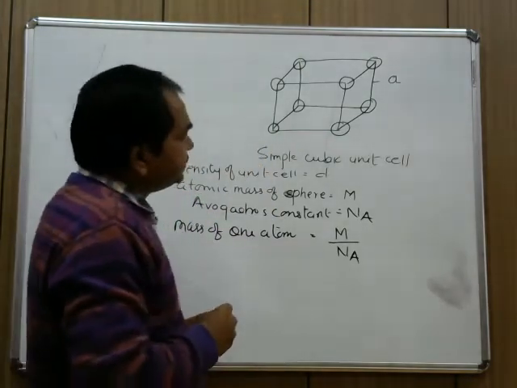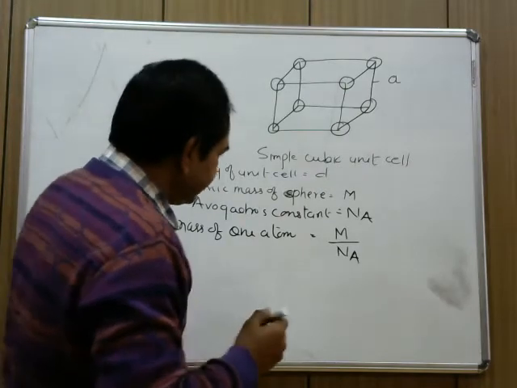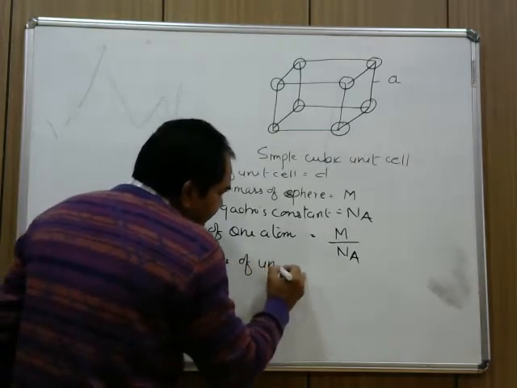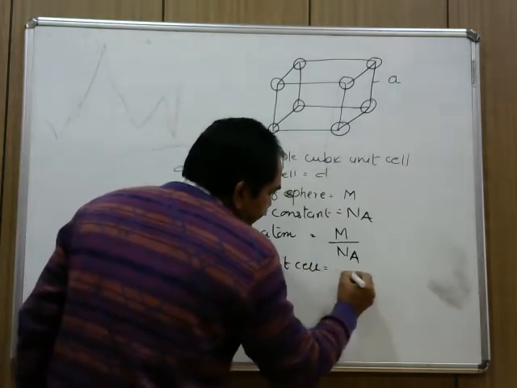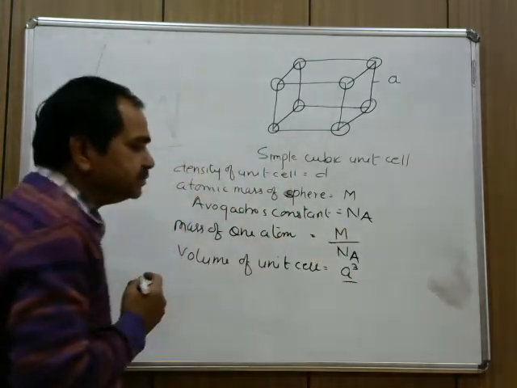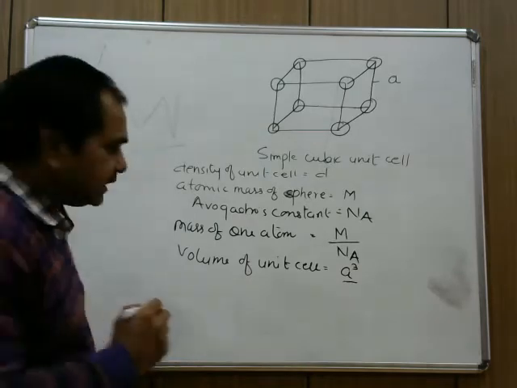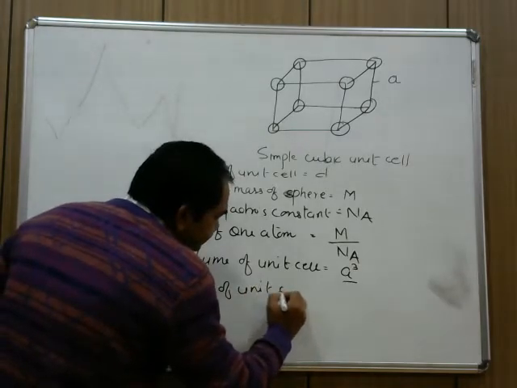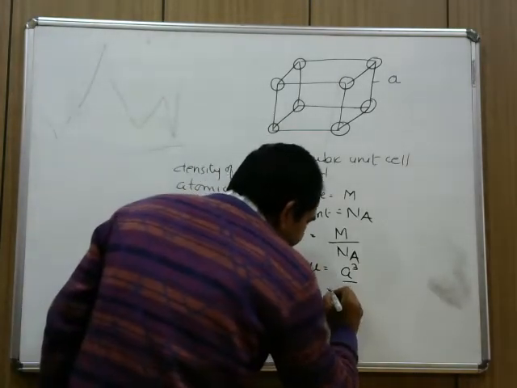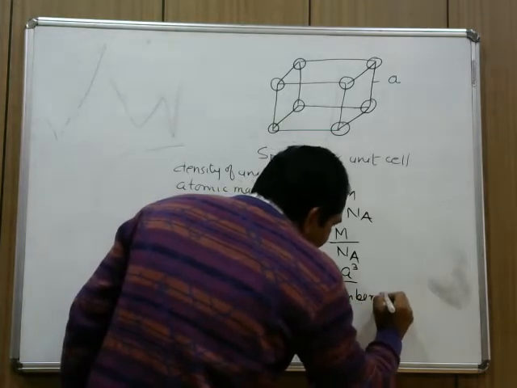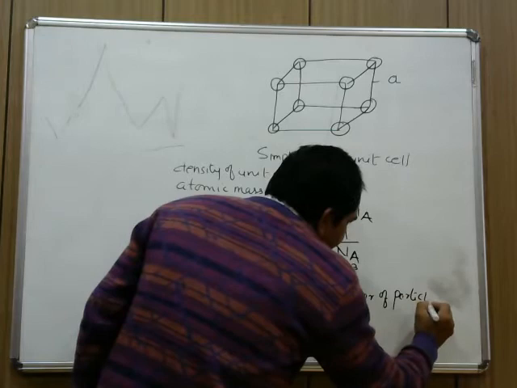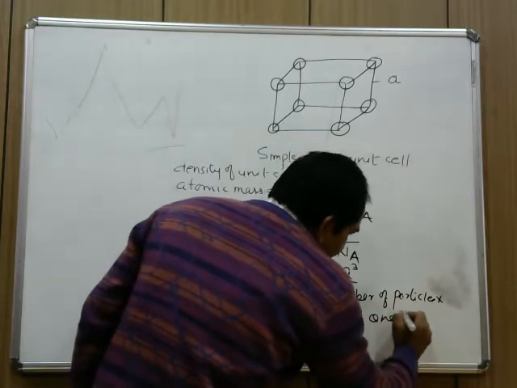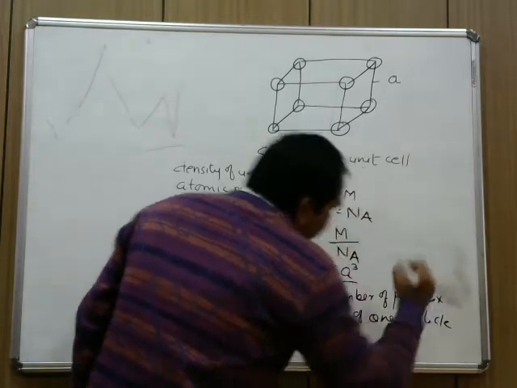Now if edge length of unit cell is given by A, then volume of unit cell is given by A cube, and mass of unit cell is given by number of particles into weight of one particle.